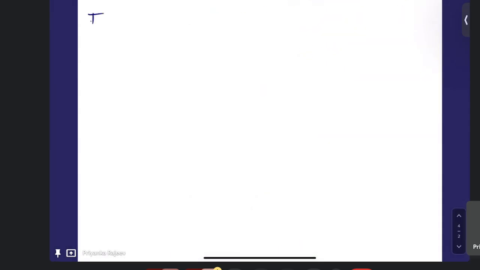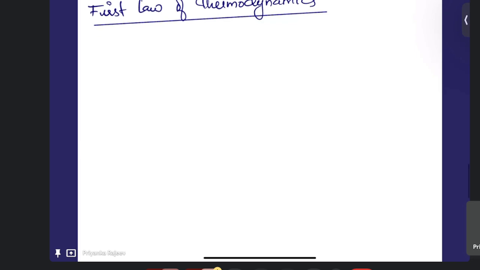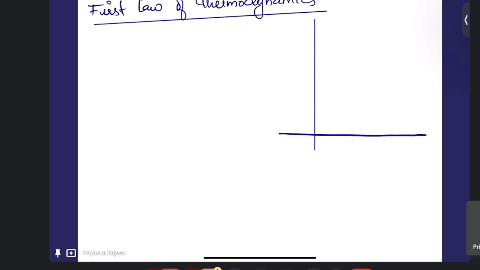So first law of thermodynamics. Okay, first law. So I am going to draw two processes.